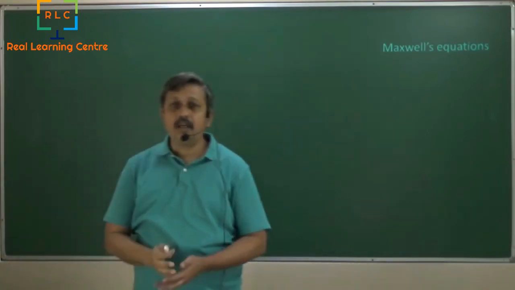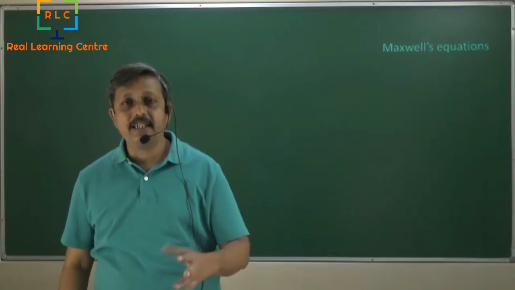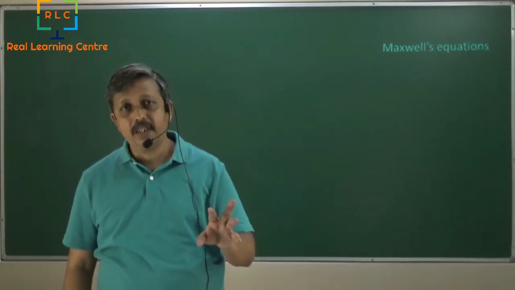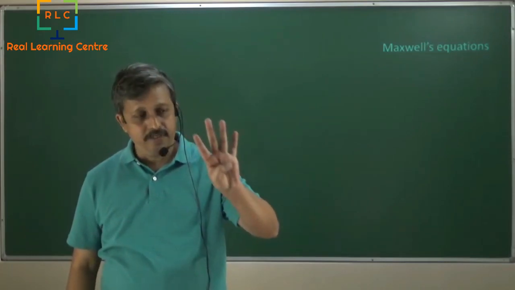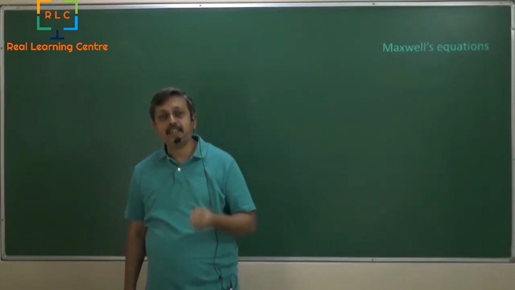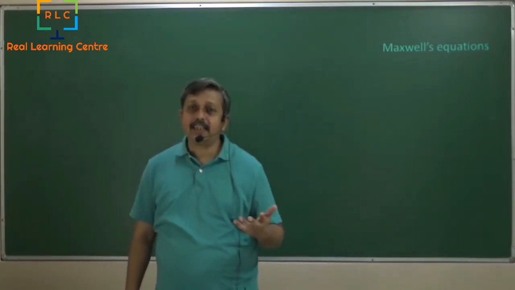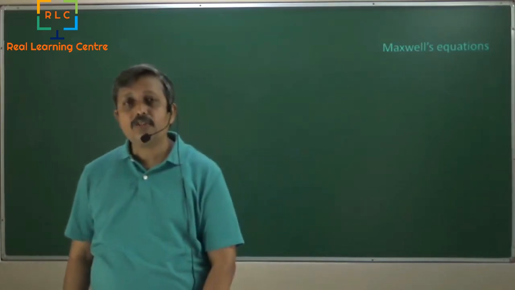Not all of them are his own equations, but he finally integrated them and said that magnetism and electricity can be completely given by 4 equations. They are called Maxwell's equations. Both magnetism and electricity, how they are related, can be explained in just 4 equations. So what are those 4 equations?